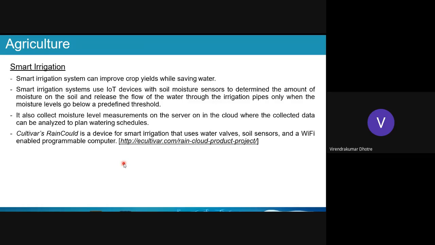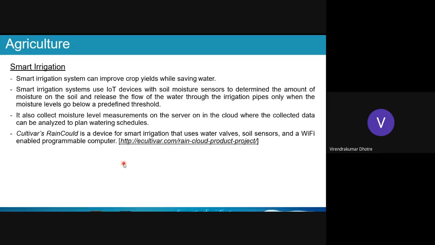It also collects the moisture level measurements on a server in the cloud, where the collected data is analyzed, and we can plan water schedules. So within this hour the system will be on, and after this the system will be off, like that. It collects moisture level measurements on the server, analyzes and plans.